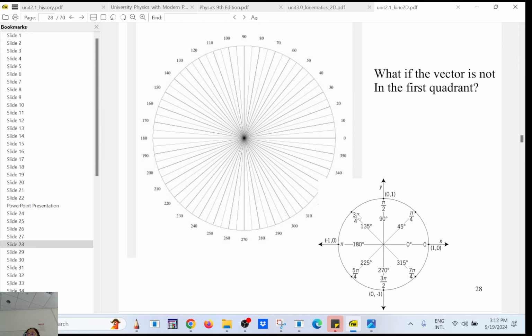If you don't know your sine and cosine, you can print out that polar graph. So this is called the polar graph, right? You have 0, 90, 180, 270, 360. Okay, let me show you what it looks like.